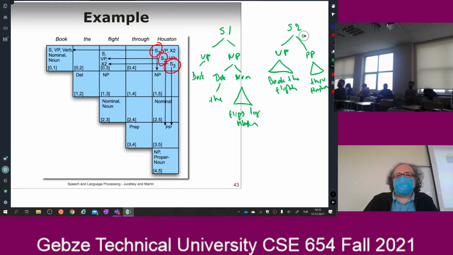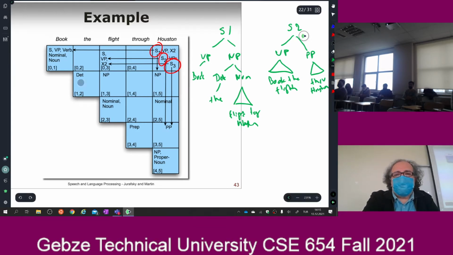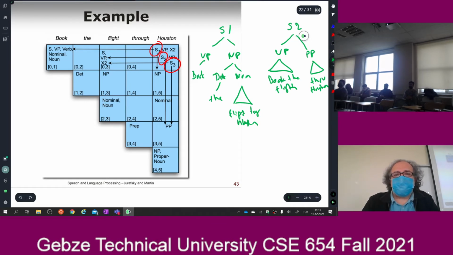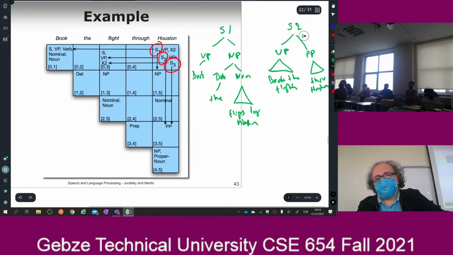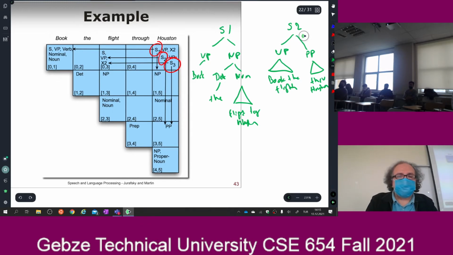When you look at this, not only have we parsed the whole sentence, we have the sub-constituency assignments of them too. All of them are there too. And we started doing this from the bottom-up. So you can come back and ask the question, the flight true, is there anything meaningful that I can assign to it?